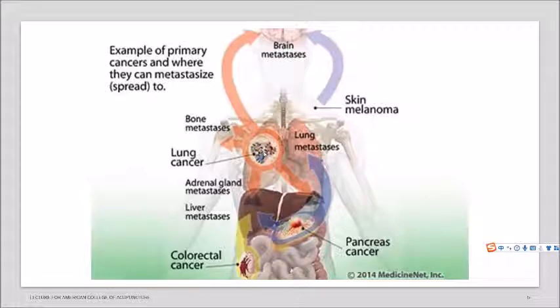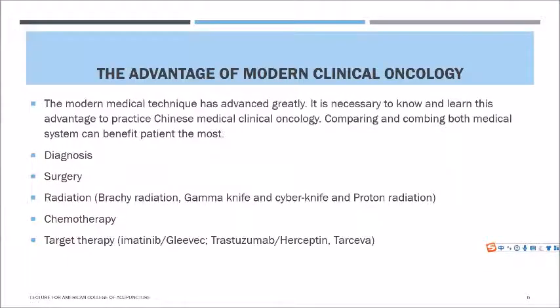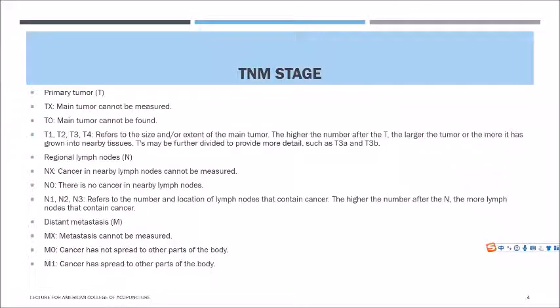We need to think with this in mind, okay? It can involve the adrenal gland, lung cancer can metastasize there, and it can also metastasize to the liver. That's metastasis: the original cancer cell moves there. It's not from the other organs, okay?